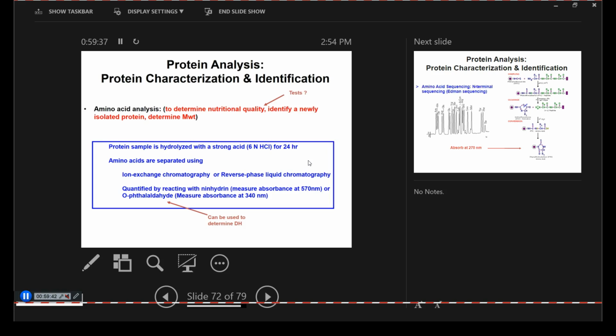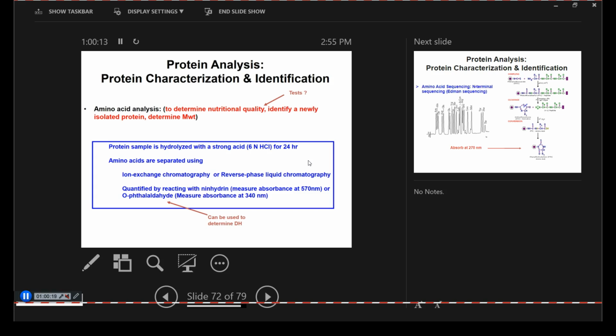Because we can determine nutritional quality by determining essential amino acids and finding out the most limiting amino acid. That means the essential amino acid present in the lowest concentration. And it is needed for determining the PDCAAS, protein digestibility corrected amino acid score, which needs the amino acid score.